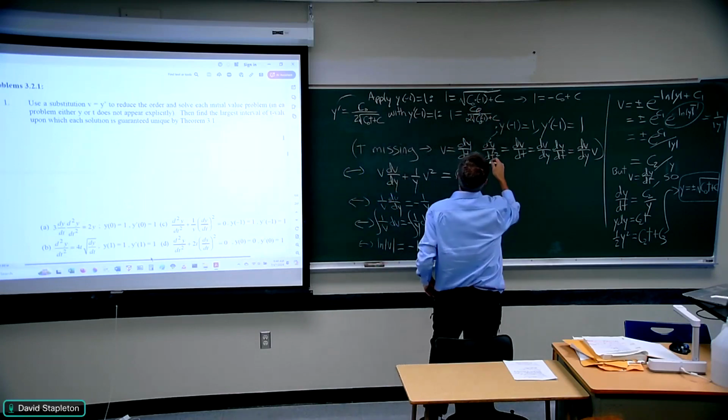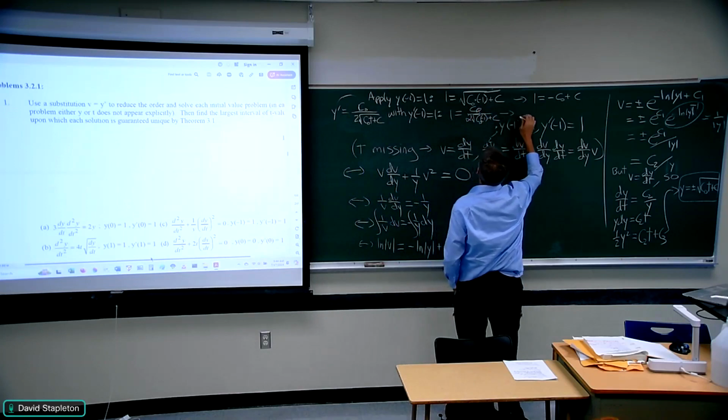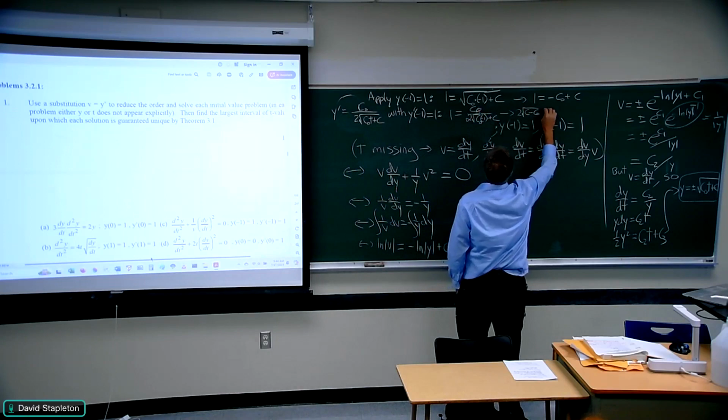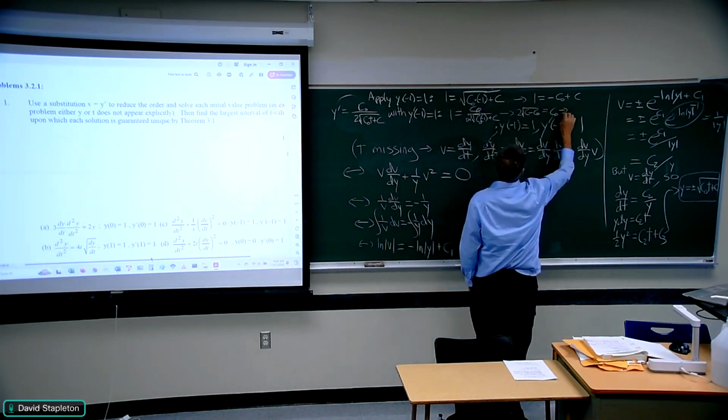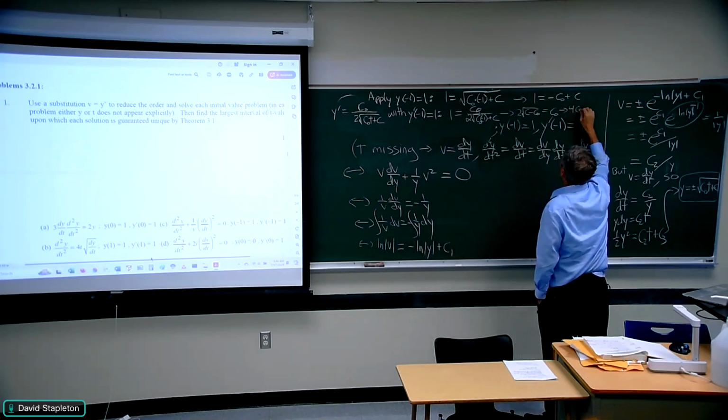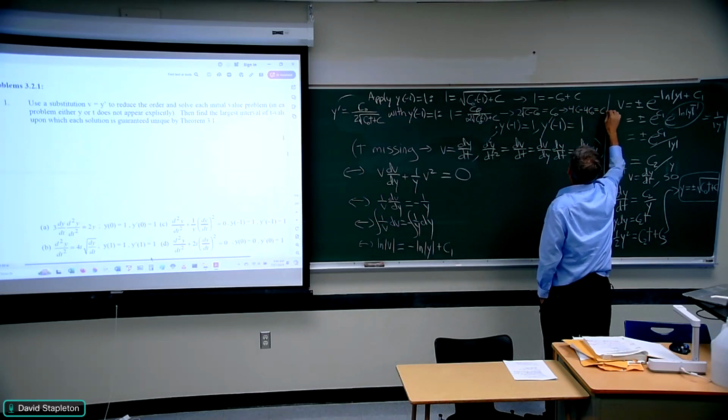So now we multiply through by this and get 2 square root of c minus C0 equals C0, and squaring that gives 4c minus 4C0 equals C0.